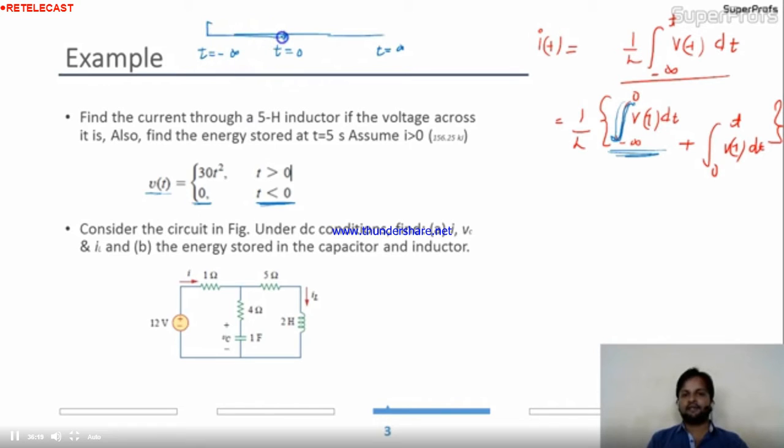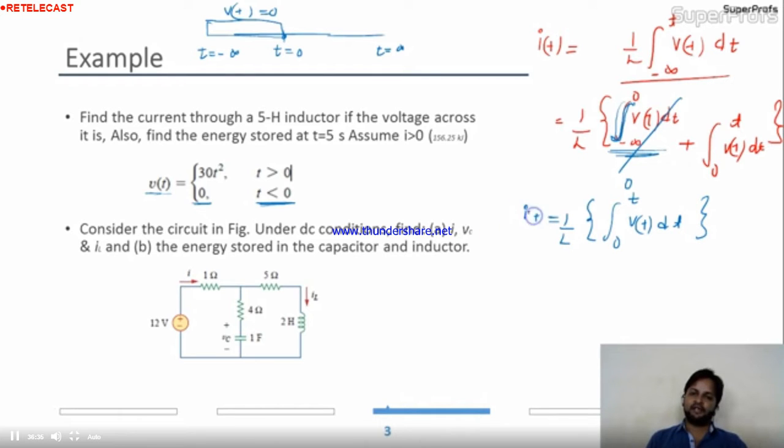So from minus infinity to 0 the given voltage is 0, so this entire term becomes 0. So finally you have 1 by L, 0 to t of v(t) dt.